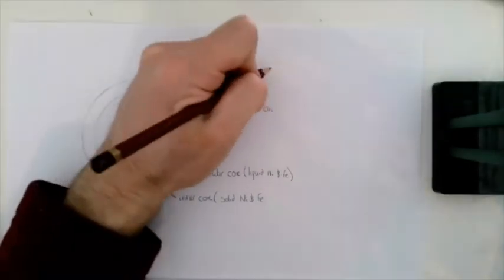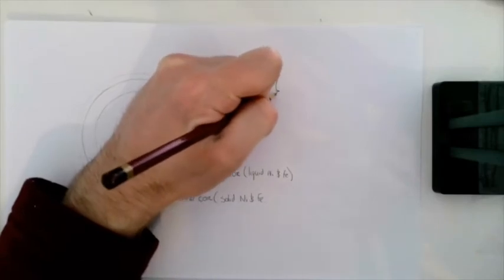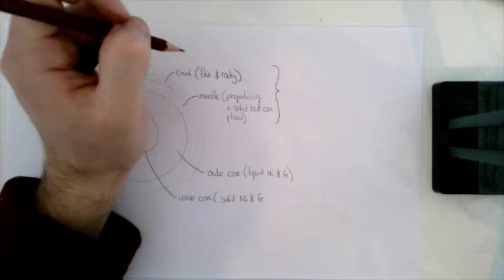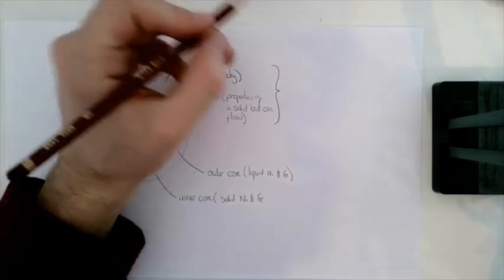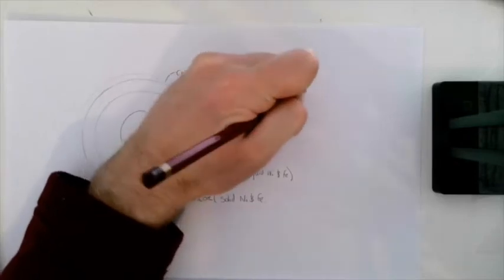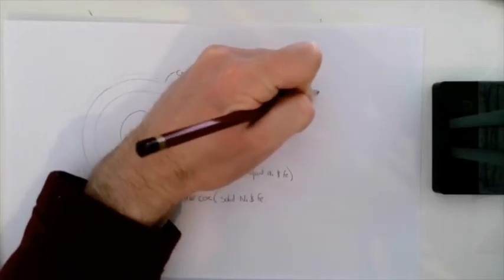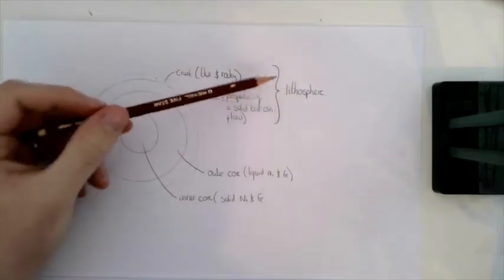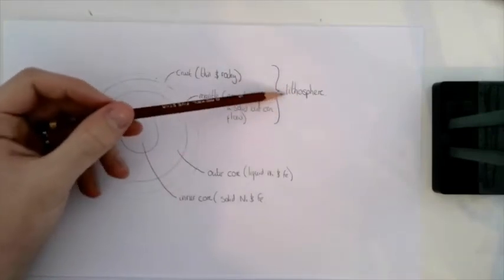Now the crust and the mantle put together, or particularly the outer part of the mantle anyway, are given a particular name, which is called the lithosphere. That is where you find the different tectonic plates located.